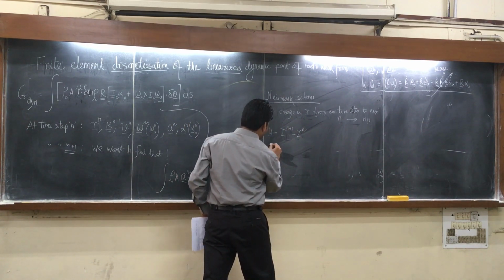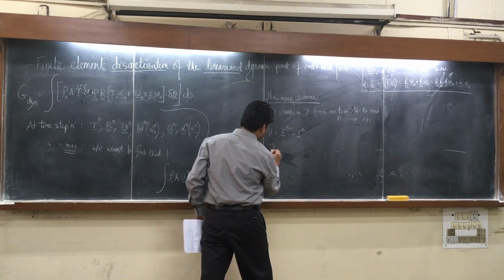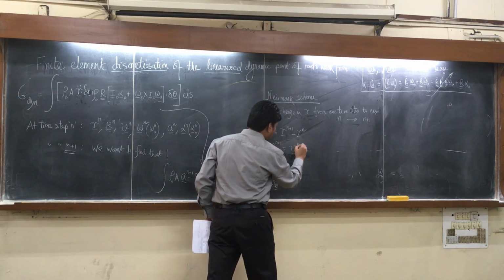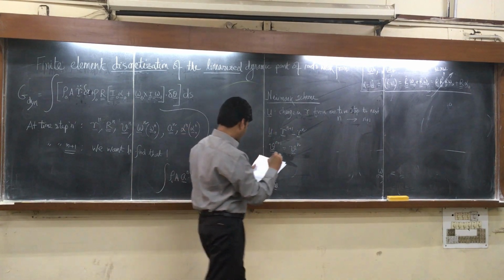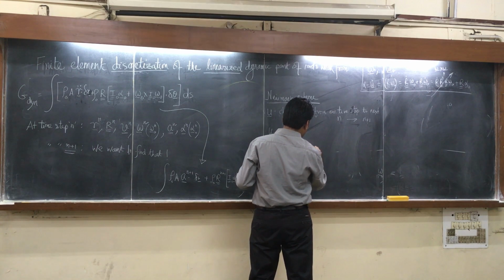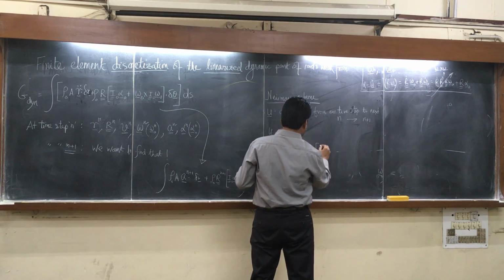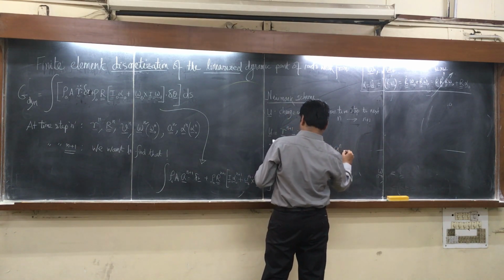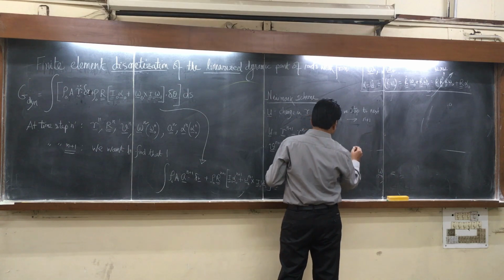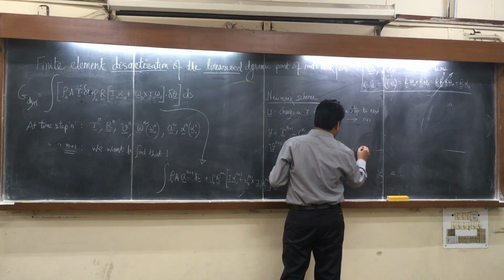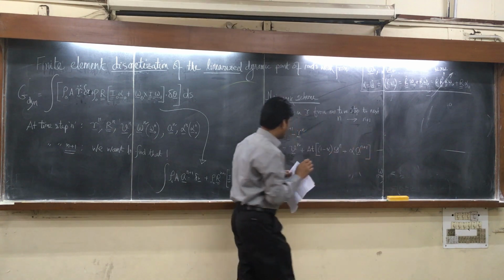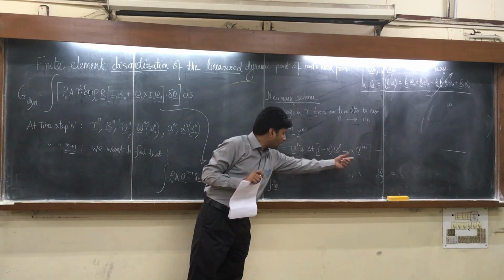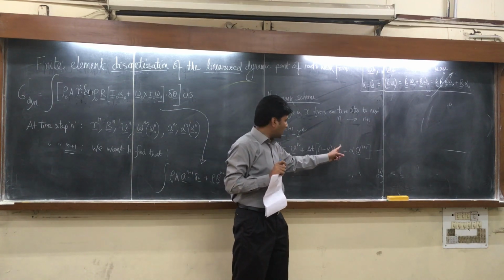And in the Newmark scheme, what we say is that the velocity at n plus 1 is given by velocity at n plus delta t. So it's a discretization scheme, delta t into 1 minus alpha times acceleration at n plus alpha times acceleration at n plus 1. You see, velocity at n plus 1 is Vn plus delta t times the weighted average of acceleration at the nth and n plus 1 step.